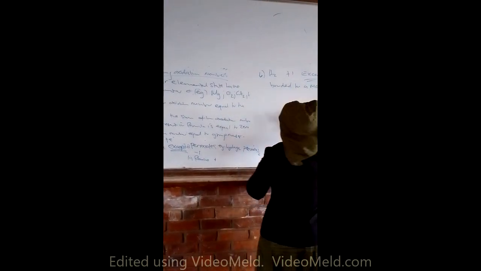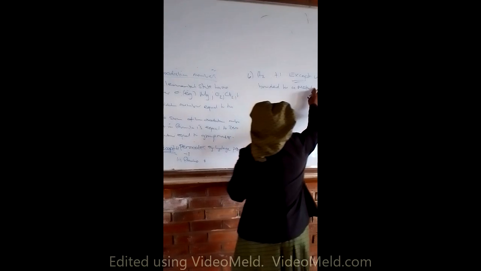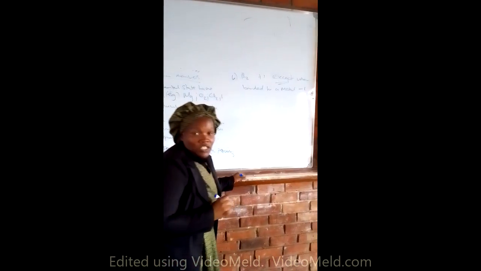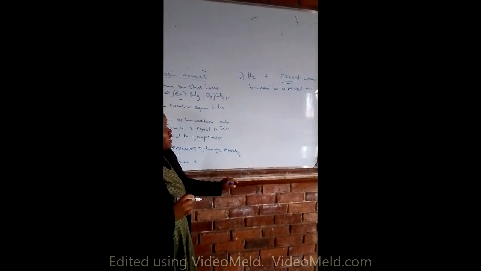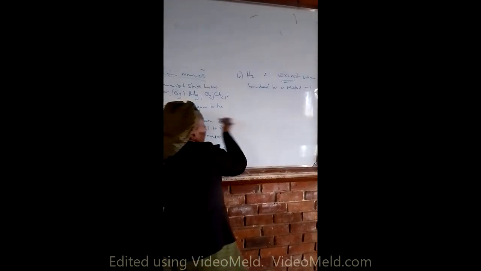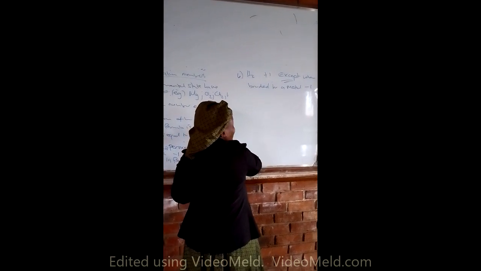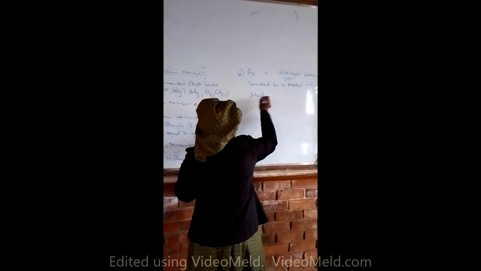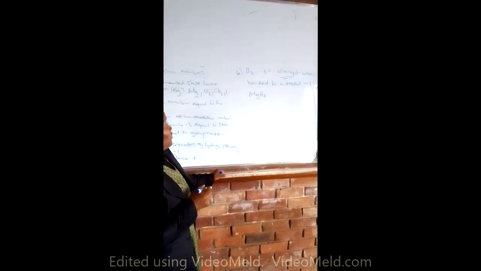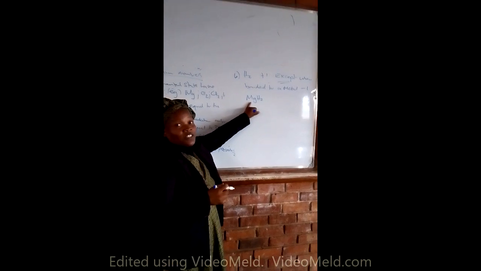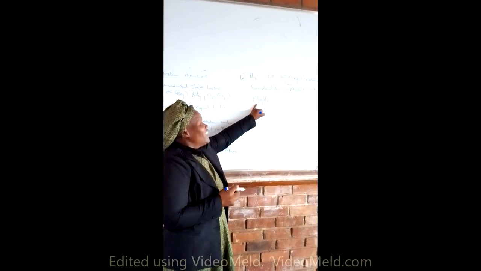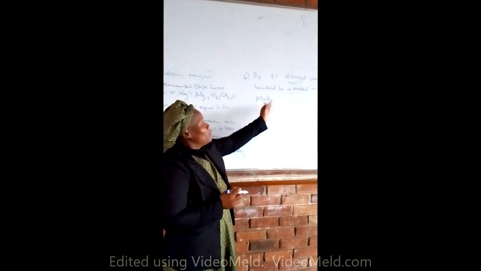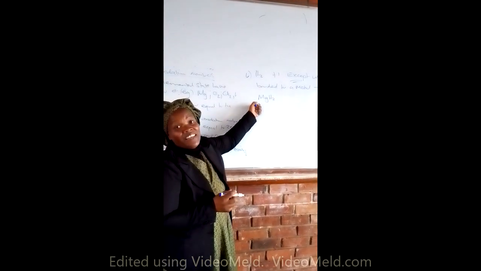When it is bonded to a metal, hydrogen has an oxidation number of -1, for example in metal hydrides. Take magnesium hydride: magnesium has an oxidation number of +2, and each hydrogen is -1, so that they can gain the electrons being given by the magnesium.